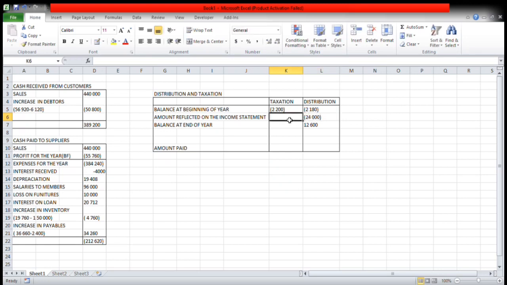The amount for taxation as reflected in the income statement is 27,884, so inside the brackets. The balance at the end for taxation was 15,280.